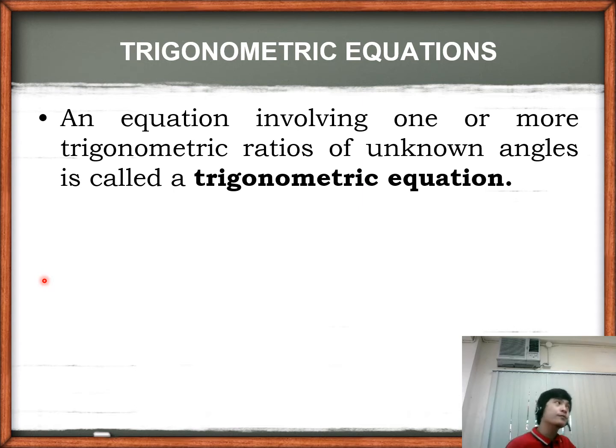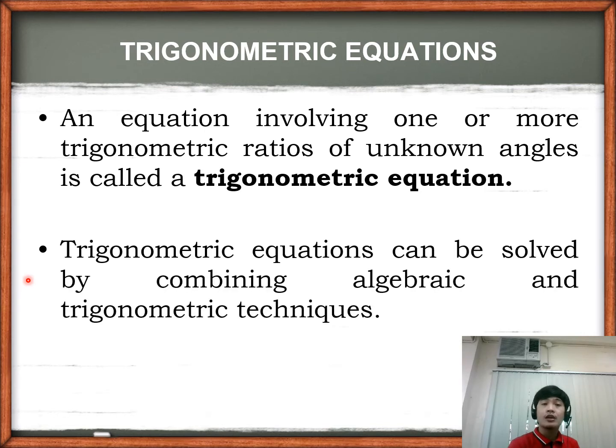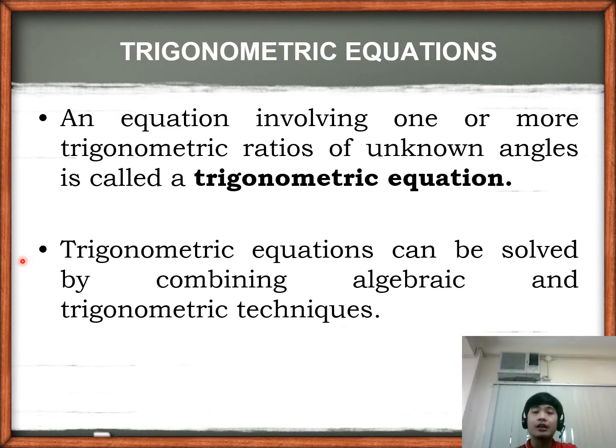So in short, instead of using only the variables x and y, we use a combination of the variables x and y and the trigonometric functions. So that is a trigonometric equation. Trigonometric equations can be solved by combining algebraic and trigonometric techniques.